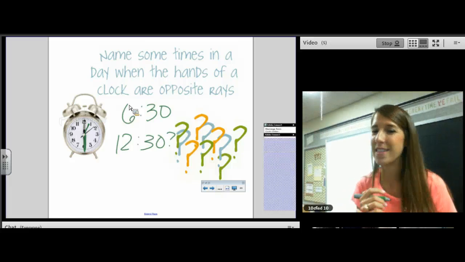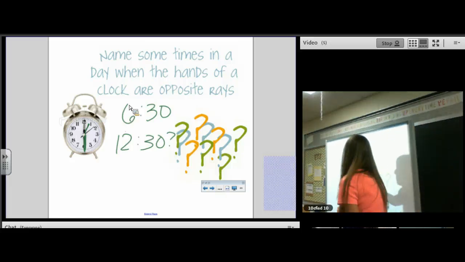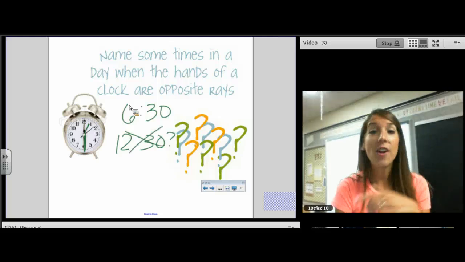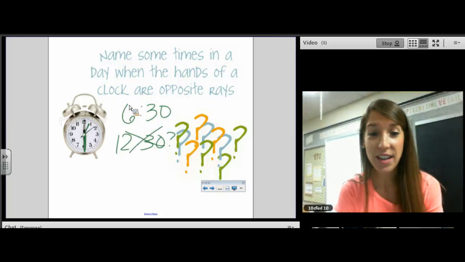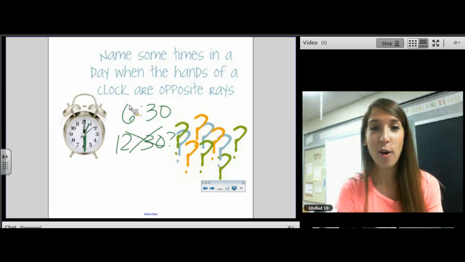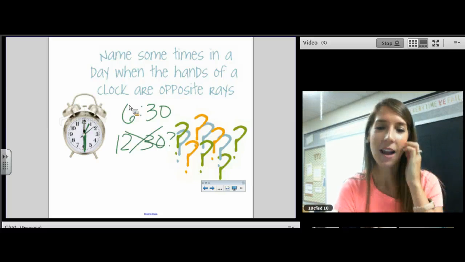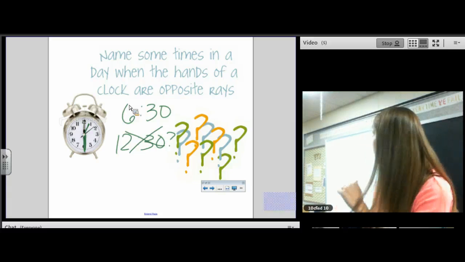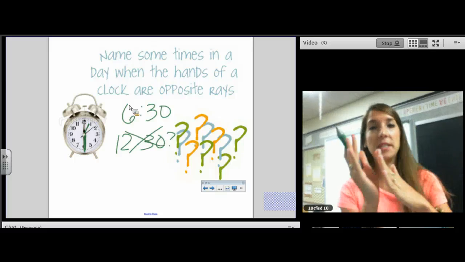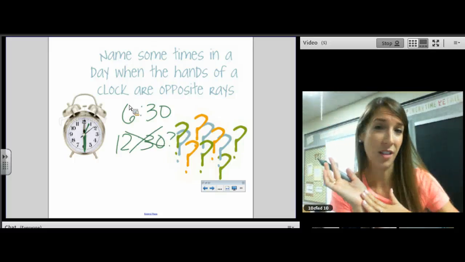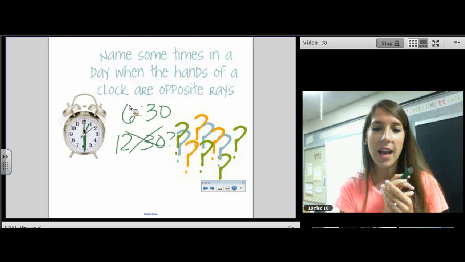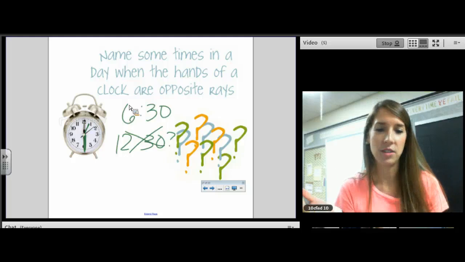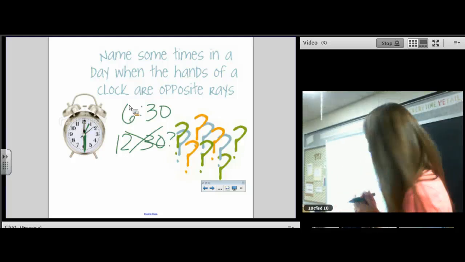So at 12:30, they would not be opposite rays. I don't have any other for sure answers. They're kind of all just guesses. But to be opposite rays, they need to form a perfectly straight line. So thinking about what times it forms a perfectly straight line was just for fun. Okay.